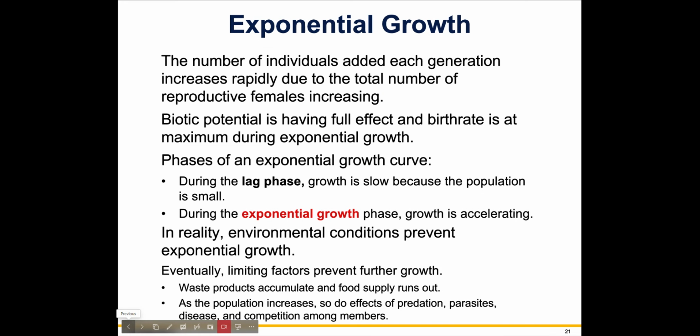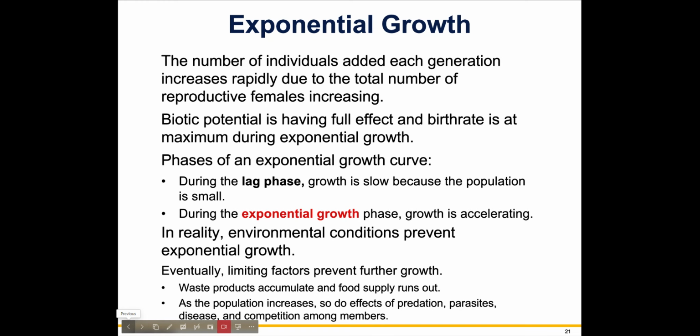We're getting a lot of babies each time we are having this reproductive event for a population. And what we see is biotic potential is in full effect here, and birth rate is maximum. So we are adding to our population at the maximum rate. We are having many births occur.